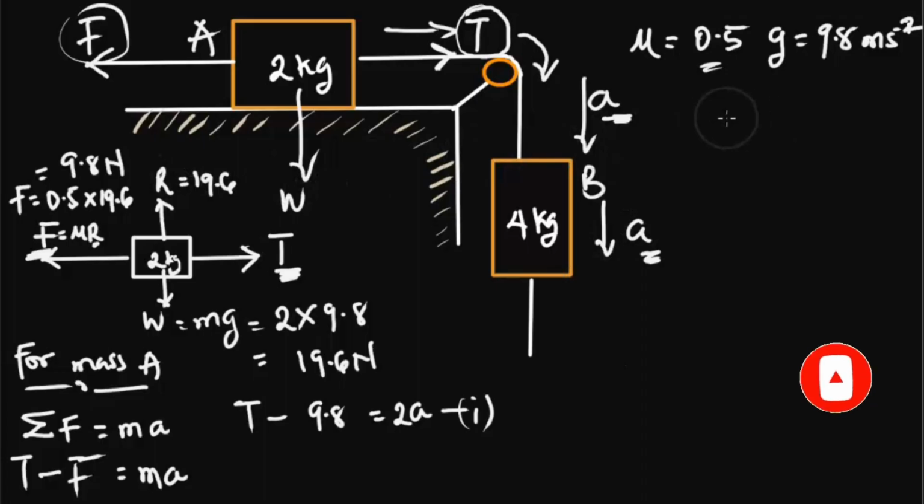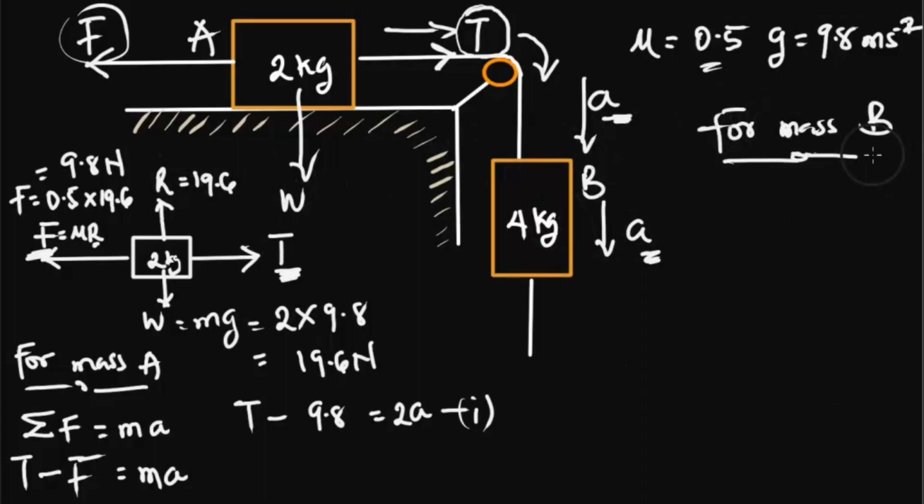Okay, now for mass B, which is our 4 kg block, the weight of this block acts downwards, and the weight is mg, which is 4 multiplied by 9.8, the acceleration due to gravity, and that gives us 39.2 Newton.